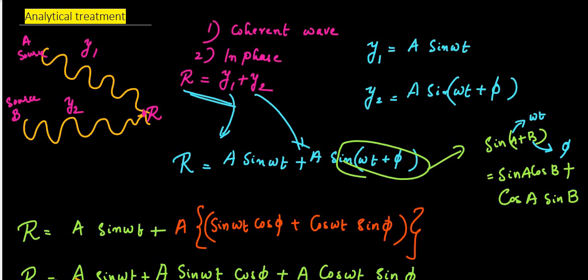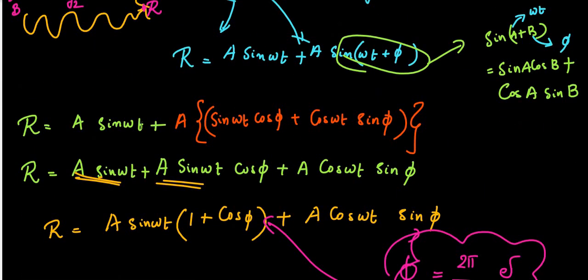In the second term we have sin(omega t plus phi), which is similar to sin(A plus B). So I'm expanding the second term: the resultant displacement is equal to A sin omega t plus A (sin omega t cos phi plus cos omega t sin phi).